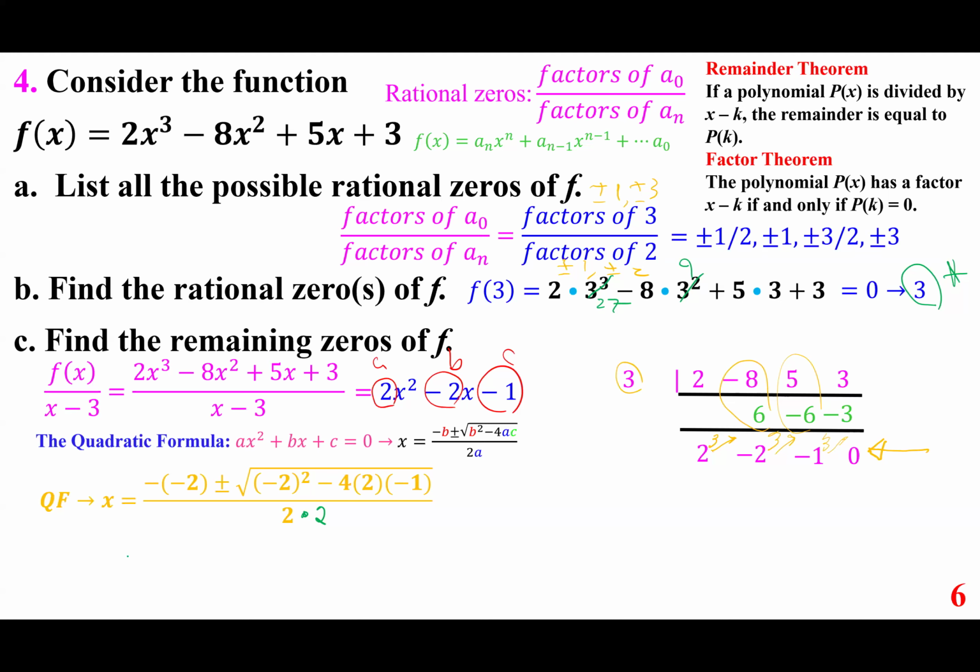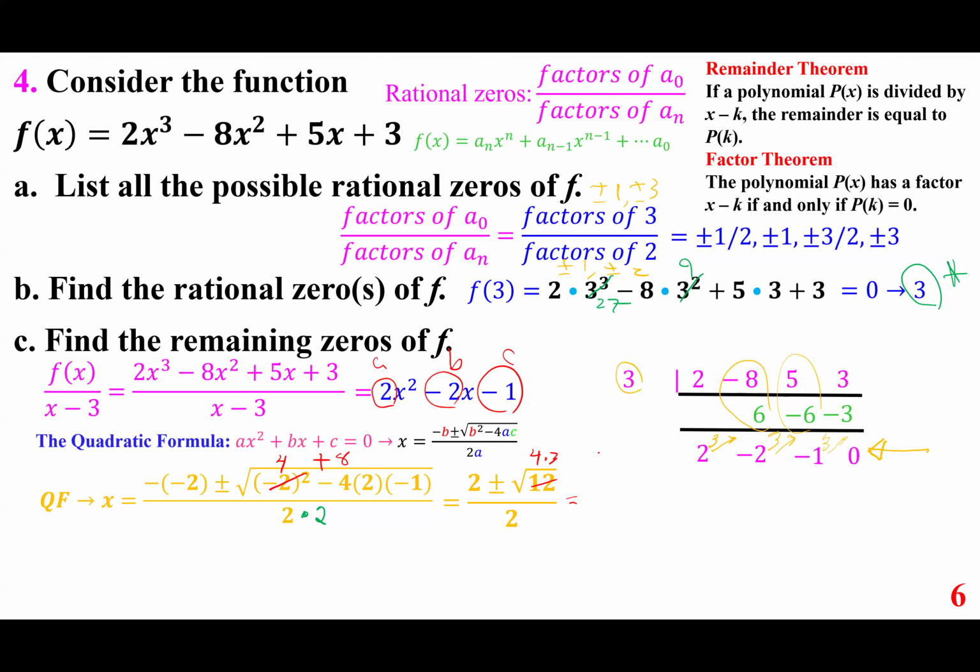So this becomes 4 minus, becomes plus 8 or 12, and 12 is 4 times 3.